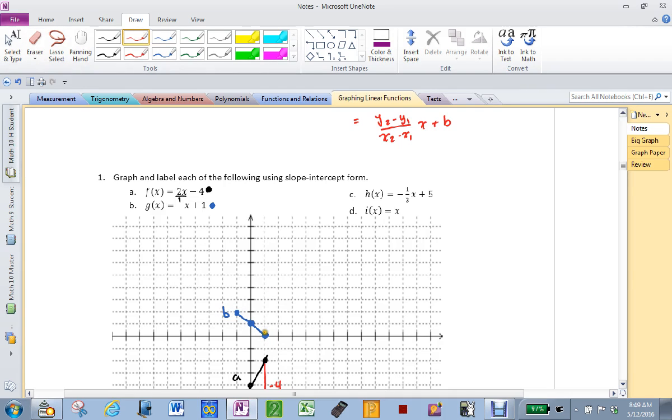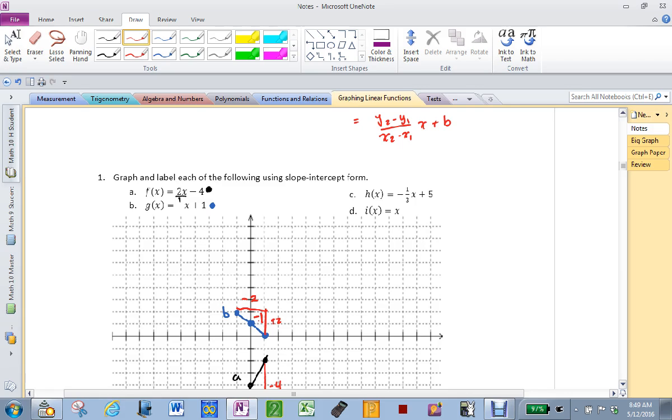And we check. Positive 2, negative 2. What's positive 2 divided by negative 2? What kind of 1? So that slope is negative 1. Everybody good?